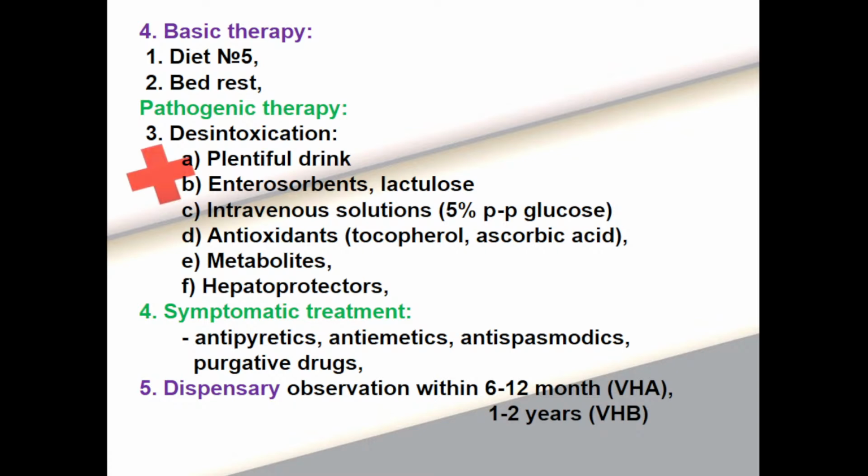Again, in the cytolytic form, you can use any hepatoprotector. In cholestatic forms, ursodeoxycholic acid. Symptomatic treatment: antipyretics, antiemetics, antispasmodics, purgative drugs. Dispensary observation is 6-12 months for hepatitis A, 1 to 2 years for hepatitis B.